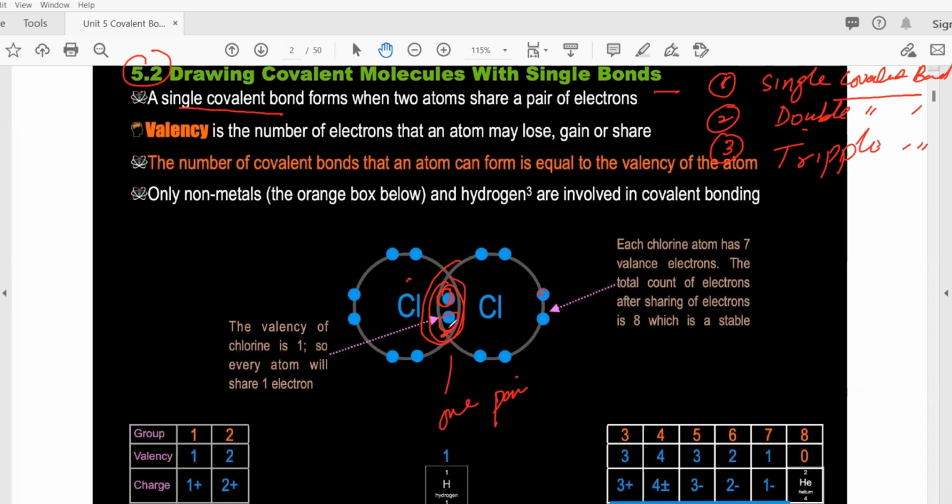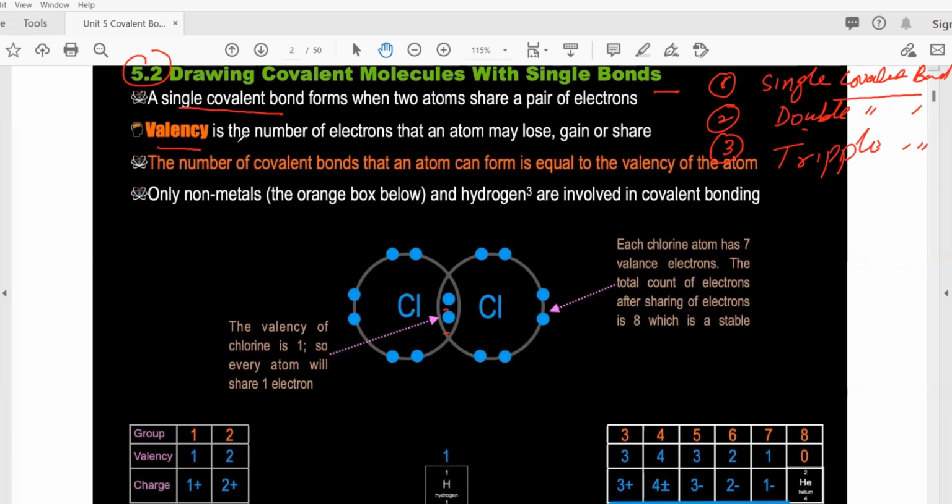And if they share two, and here you have four electrons, then it is double. If it becomes six, then triple. So simply, if they ask, you can say a single covalent bond is when the atoms share only one electron.